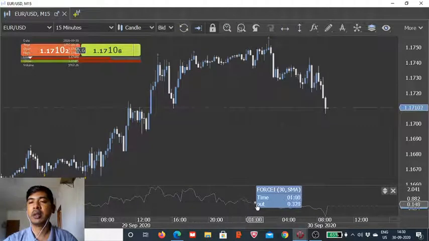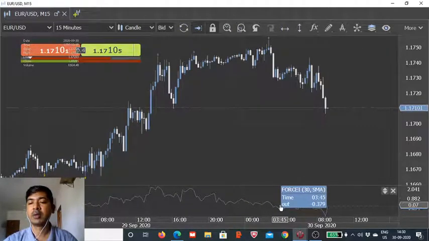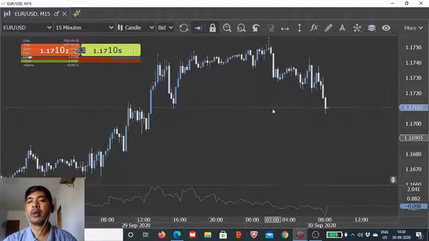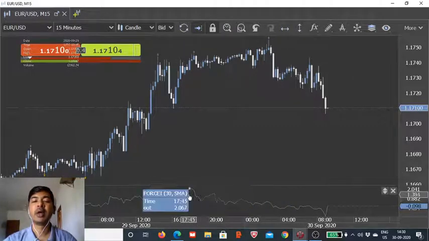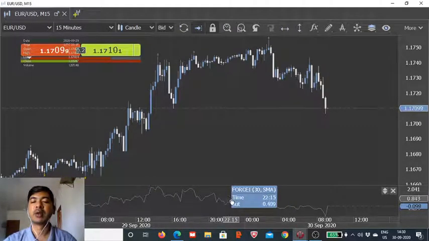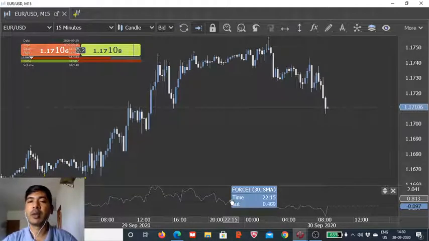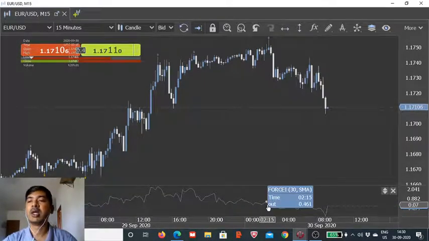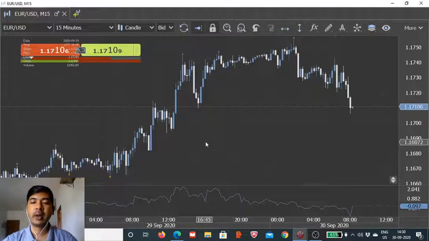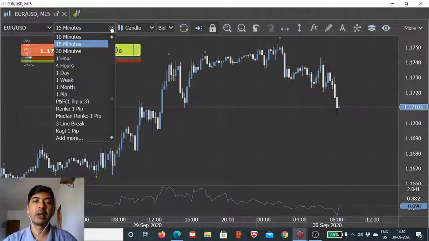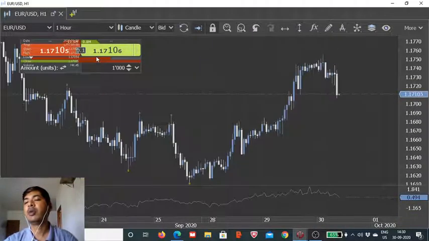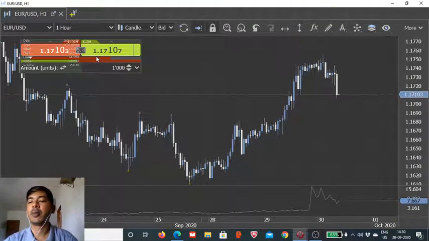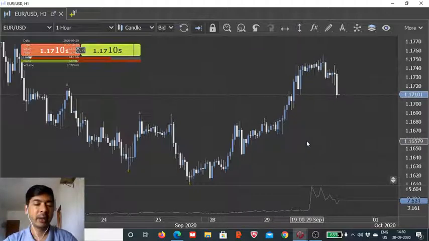As you can see here, after a long consolidation, finally the force index dropped into the negative territory somewhere around 3 GMT, and prior to that it was simply in the consolidation phase, and during the consolidation phase the force index values were going down. That means the momentum was subsiding, and then eventually we saw the break on the lower side. And here you can also bring in another indicator which will help you in finding the appropriate trading strategies.